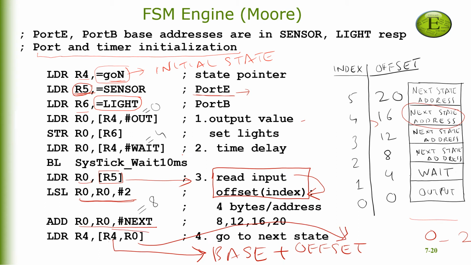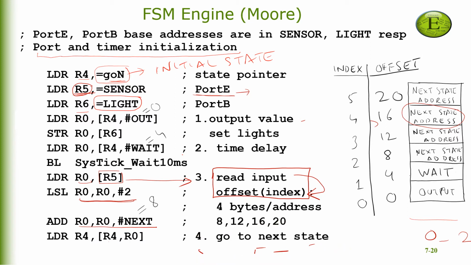And so you're going to load the data from the complete address, which is base plus offset, and that data is going to be stored in R4 register, load register R4.